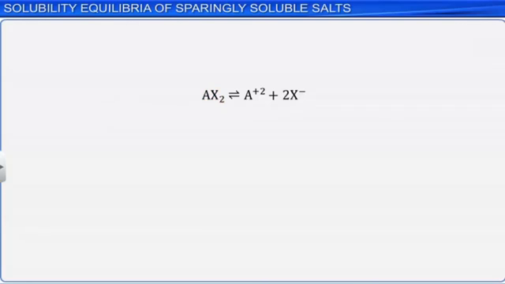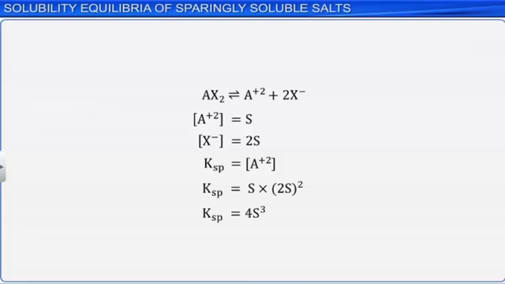The equilibrium reaction for this dissociation may be represented as AX2 in equilibrium with A2+ and 2X-. The solubility product Ksp for the salt AX2 can be written as Ksp is equal to the product of the concentration of A2+ and X- raised to the power of 2.